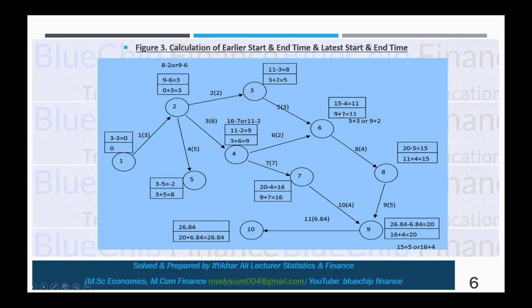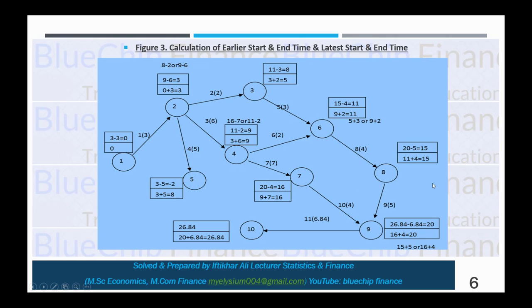So which one is maximum? 9 plus 2, 11, is maximum; 5 plus 3, 8, is less than 11. So in calculation of forward pass, always choose the maximum sum. If there are different choices coming to the same node, then you will have to choose the maximum time. That is why here we took 9 plus 2 equals 11.